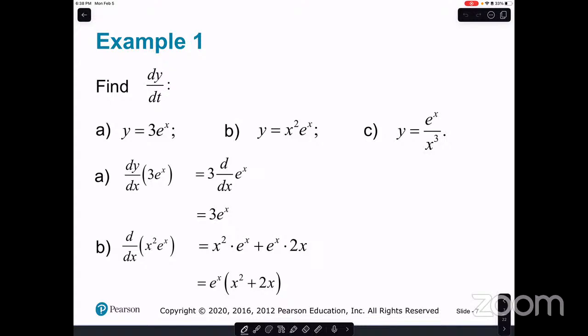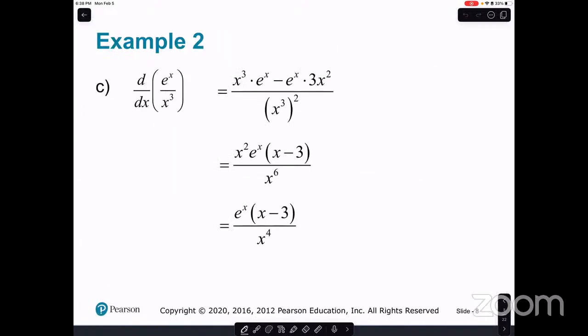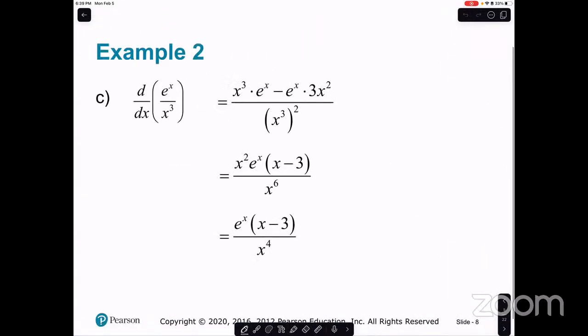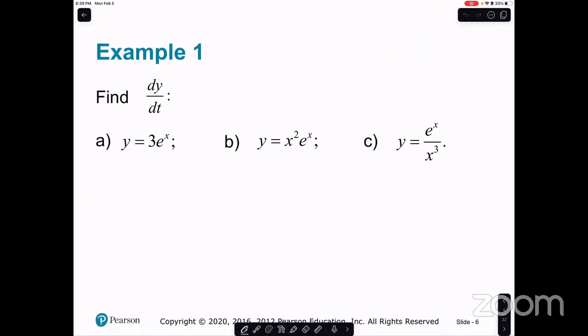Yeah, I think they meant d by dx. Here it's supposed to be dy by dx, so the derivative of y with respect to x.